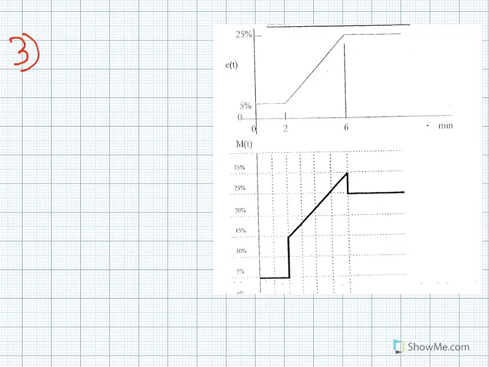The third interval is when t is greater than or equal to 6. So we are talking about this interval, and we can see it's clear from the graph that at time t equals 6, the E(t) equals 25%.